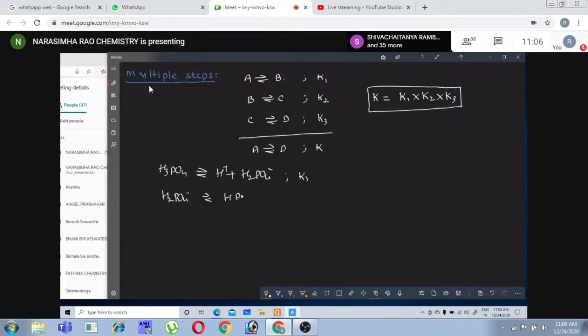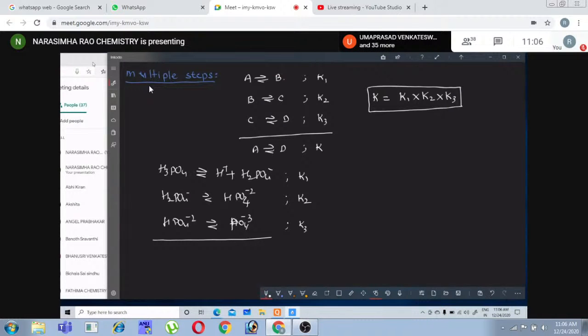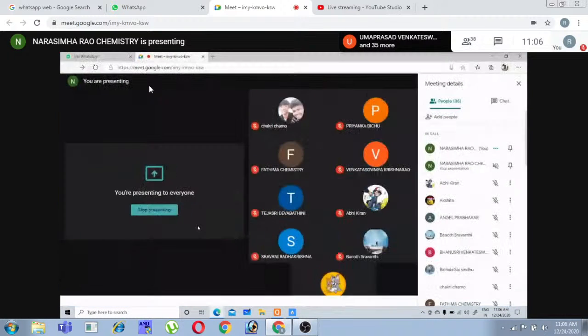For this reaction it is K2. Now HPO4 2 minus is in equilibrium with PO4 3 minus. For this one it is K3. Now the overall reaction, children, just wait 1 second.